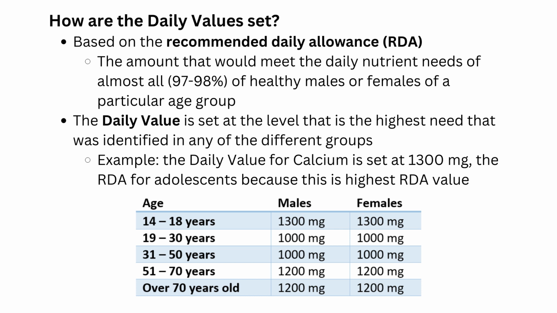The value is actually taken from the highest nutrient need for either adolescents or adults, either male or female, so the highest nutrient need, and that is set as 100%. 100% of the daily value for calcium is set to 1,300 milligrams, which is actually the amount that adolescent males or females would need for 97 to 98% of the population to be meeting their calcium needs.